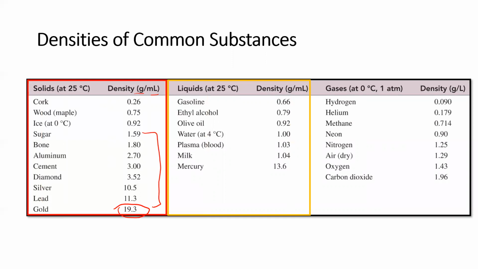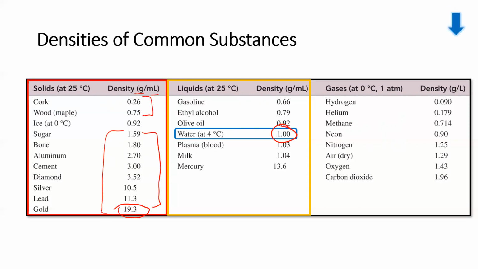The one that I really want you to remember is water, and it's an easy one to remember. Why? Because it's one. Water at 4 degrees Celsius is 1 gram per mil. And that's just a standard. It helps you see why all of these solids would sink, because they have greater densities in water. And you see why cork and wood would float, because their density is less than 1.